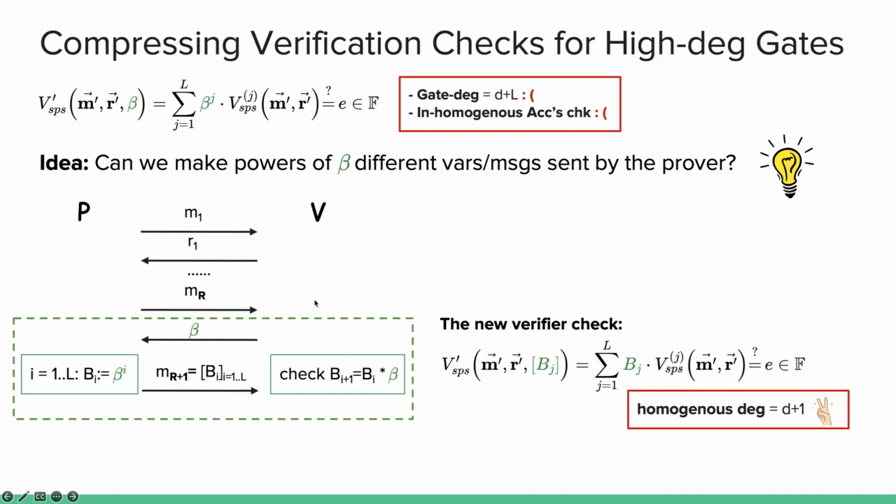So you may wonder why we want the prover to send these messages. Why not just let the verifier send these powers of beta as new messages? The reason is the following. We can definitely do that. However, that will increase the number of elements in the accumulated instance, and usually we want the instance to be short and succinct.